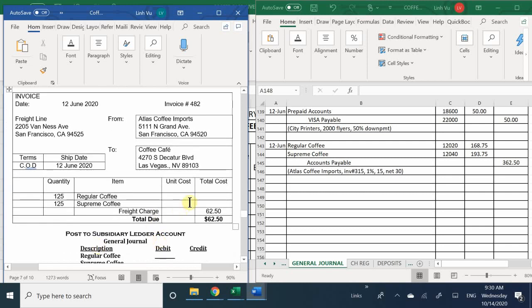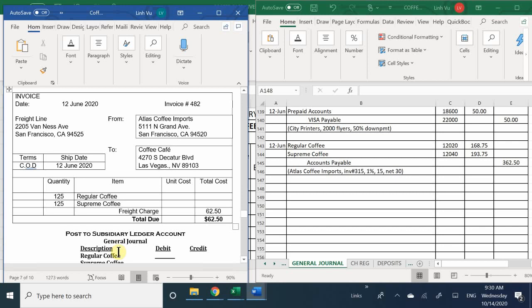We're going to divide this in half, and we're going to place it into regular coffee and Supreme coffee, because we're dealing with perpetual inventory, correct? The concept with perpetual inventory is that everything goes straight into inventory, including any shipping, any importing taxes, any sales tax.